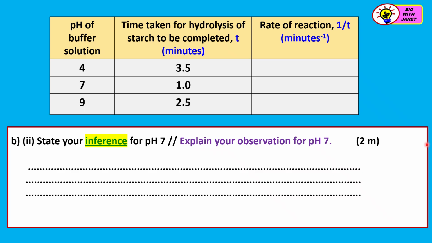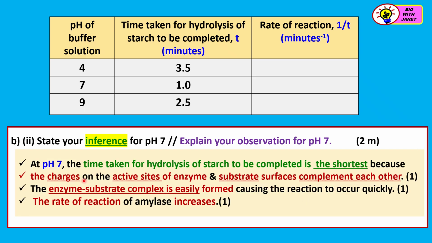Okay, let's see. So you have to mention the effect of the pH on the active sites and the substrate surfaces. Now at pH 7, always start with the time here, whether it's short or long. At pH 7, the time taken for the hydrolysis of starch to be completed is the shortest. Why? Because the charges on the active sites of the enzyme and substrate surfaces complement each other.